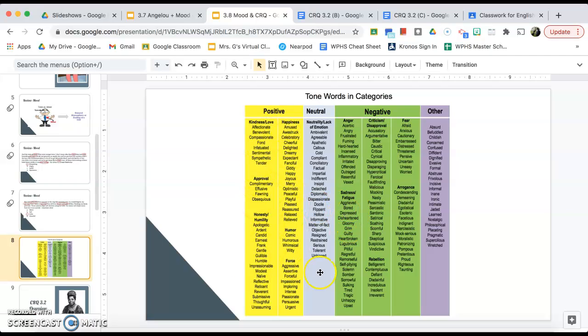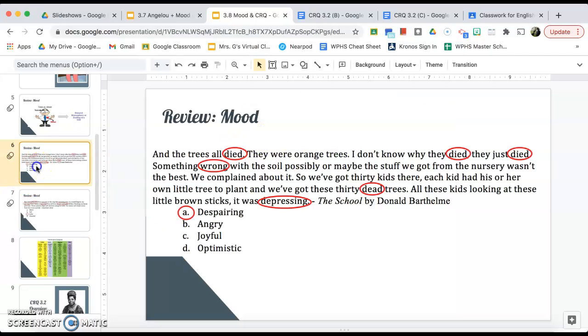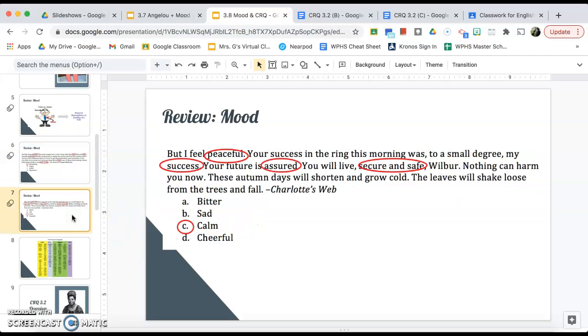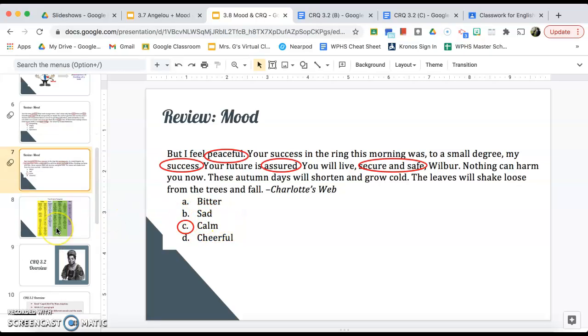You want to pick the most specific word possible to describe the vibe of that specific text. So in this passage, the repeating of the words died and dead, depressing, gave us a despairing mood. This passage here, using words like peaceful, success, secure and safe, assured, gave more of a calm mood.